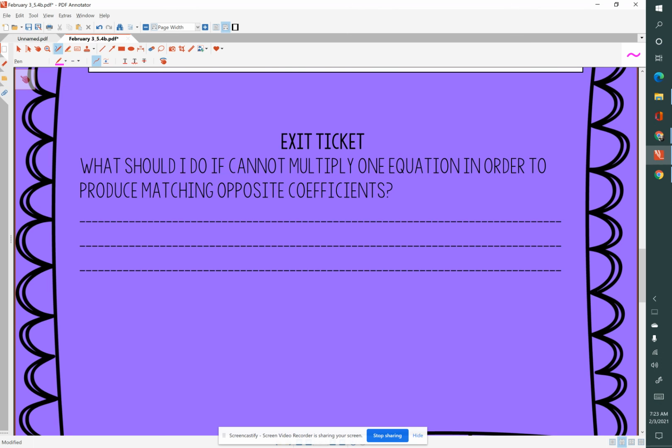So what you should do is find a least common multiple for either variable, either coefficient, and multiply by that number.